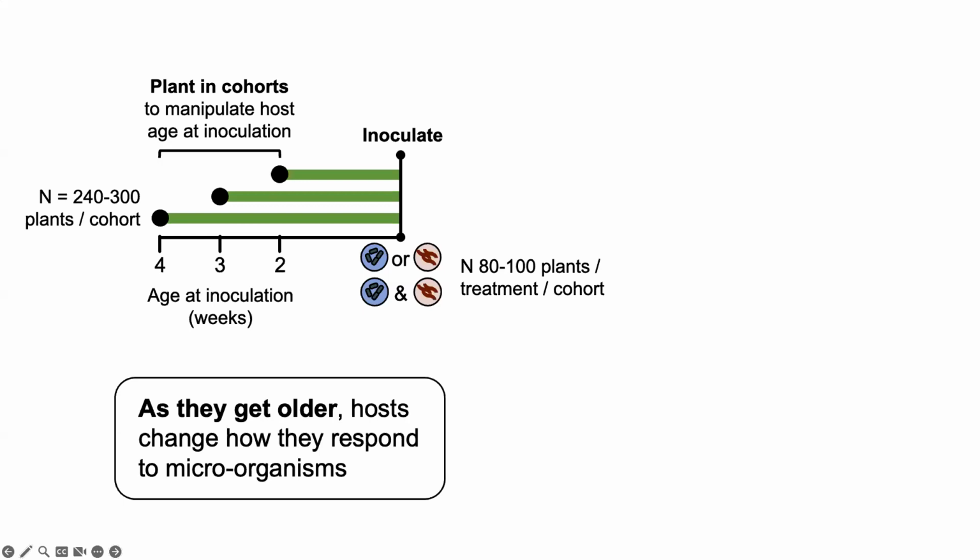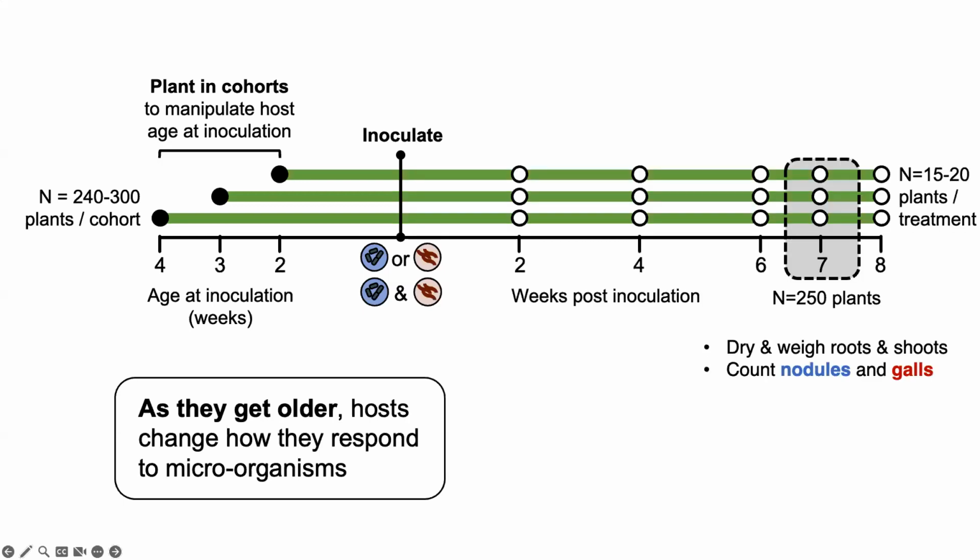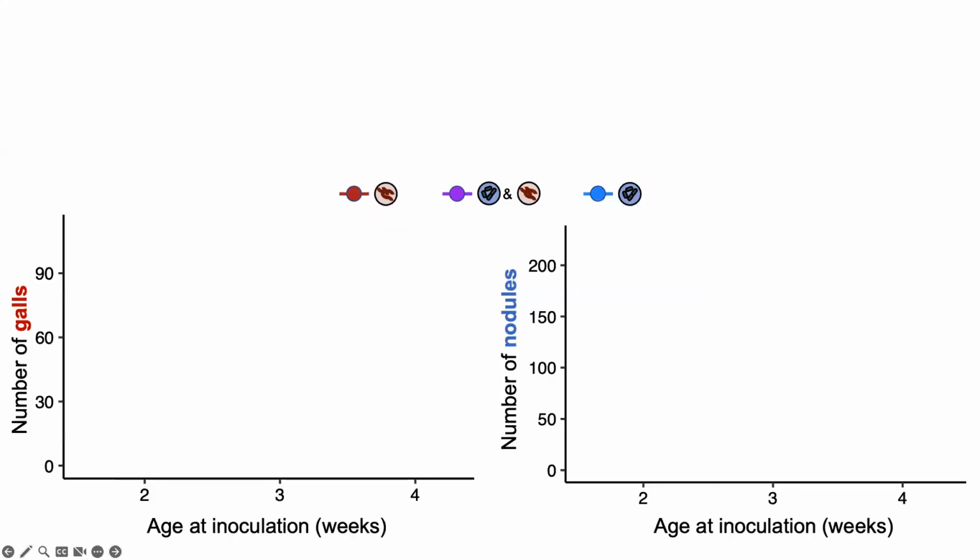So this experiment was really large because what we wanted to do was get snapshots over time of how these processes were playing out. And so we harvested these plants in cohorts that are indicated by these white circles. Today, I'm just going to show you data from this last cohort towards the end. So what you're going to be looking at are data on plants that were harvested 7 weeks after inoculation. And those plants are going to vary in the age at which they first encountered these parasites or mutualists.